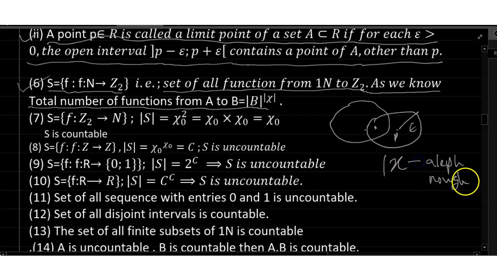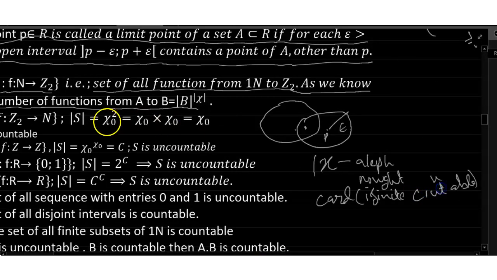Aleph naught is the cardinality of an infinite countable set. Suppose f is a function from A to B, so how many functions are possible? The possible number of functions is the cardinality of B to the power of the cardinality of A.